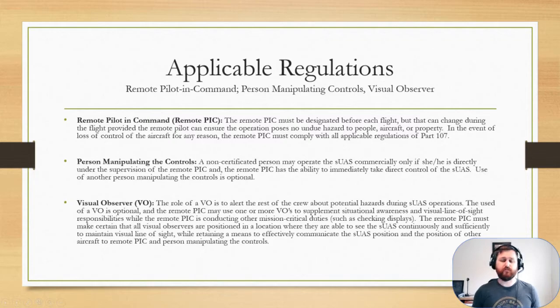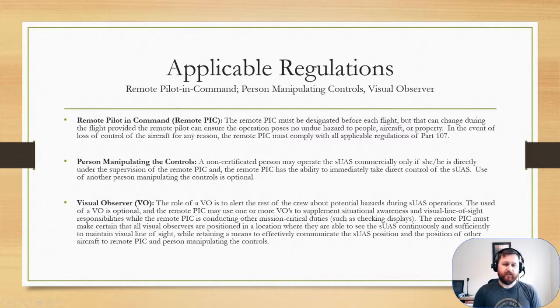Basically, if there are two Part 107 certified people, one is designated, and as long as it's safe to transfer between the two, it can be done. Again, in the event of a loss of control, the remote PIC must comply with all applicable regulations of Part 107. Basically, it means they have to take over controls of the flight, and if anything happens, such as a crash, they have to follow the proper regulations.